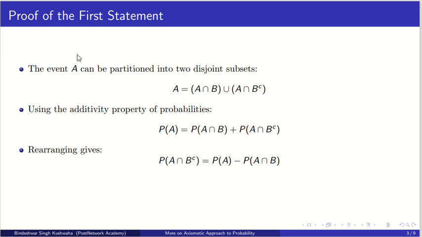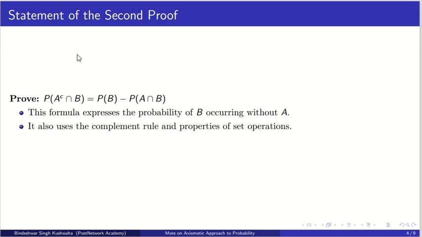Let us see the same type of statement. Here P(A complement intersection B) is equal to P(B) minus P(A intersection B).